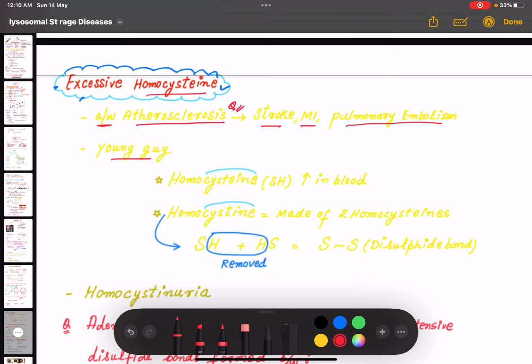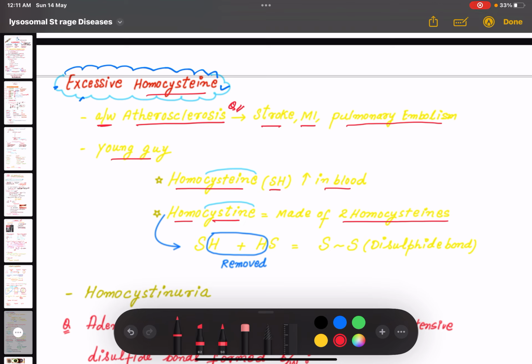See guys, homocysteine is having SH group, that is sulfhydryl group. Okay, in excessive homocysteine or homocystinuria, you will be having excessive homocysteine in the blood. Another point is homocystine. This homocystine is made up of two homocysteines.